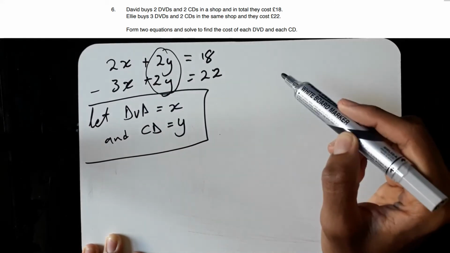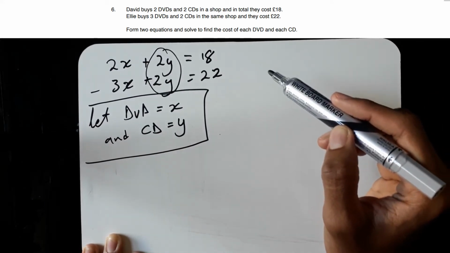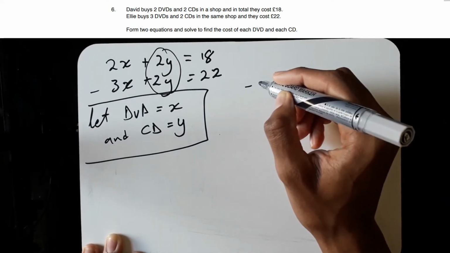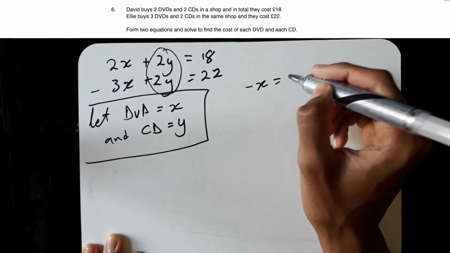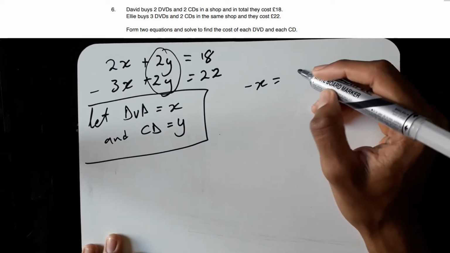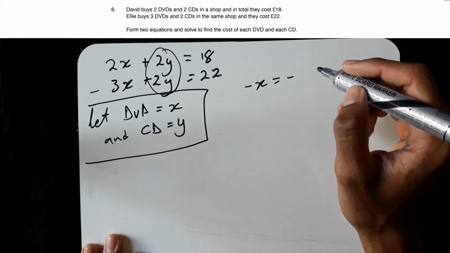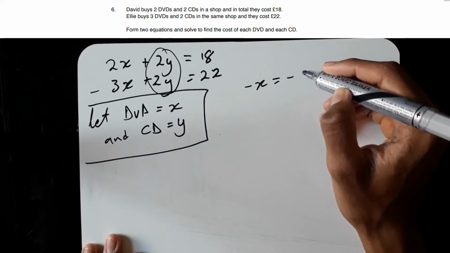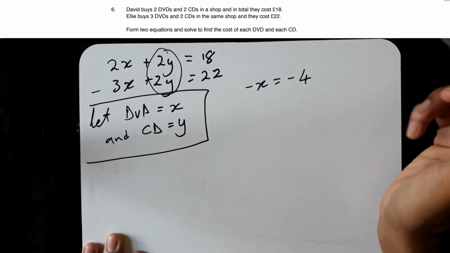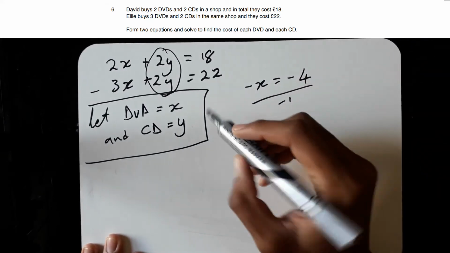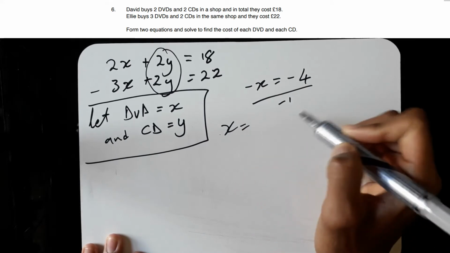If you subtract, what you're left with is negative x is equal to negative 4, divided by negative 1. We're left with x is equal to 4.